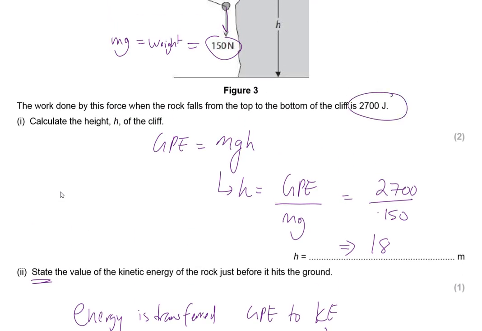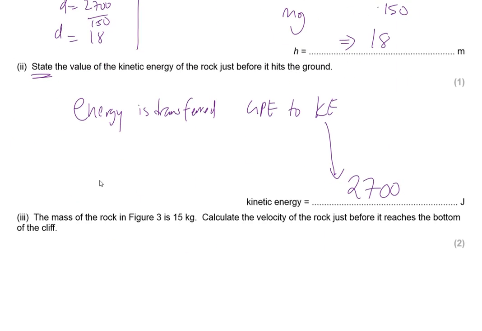You can also use the work done equation. Work done is force times distance. We're looking for the height, so distance equals work done over force. Work done is 2700 over the force, and the distance is 18. So you can use 2 methods there.